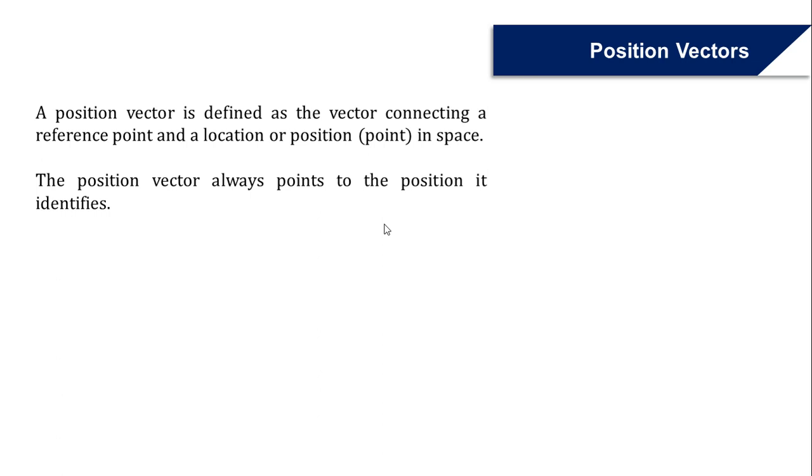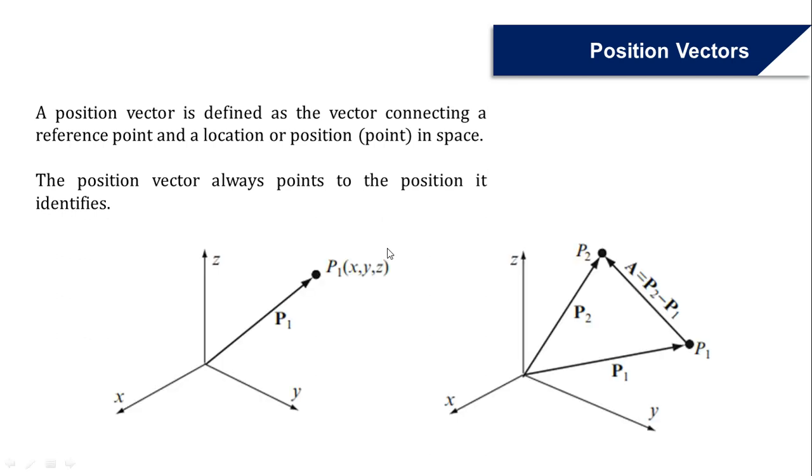We can define a vector using these points and a reference point to describe a particular point in space. Okay? So the position vector always points to the position it identifies. So ito yung example natin dyan.